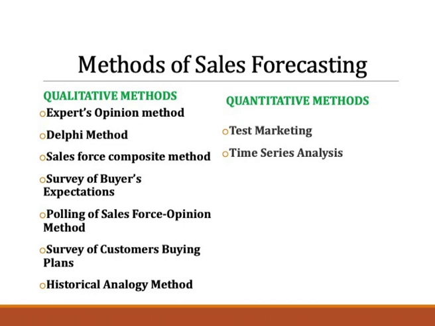So these are 7 qualitative methods which can be made use of in order to forecast the sales. We have 2 quantitative methods. These 2 quantitative methods are test marketing and time series analysis.